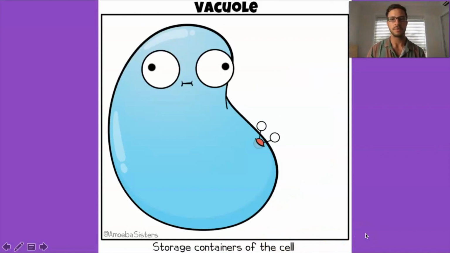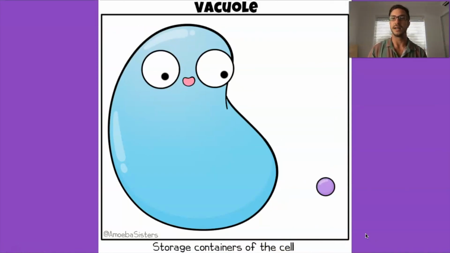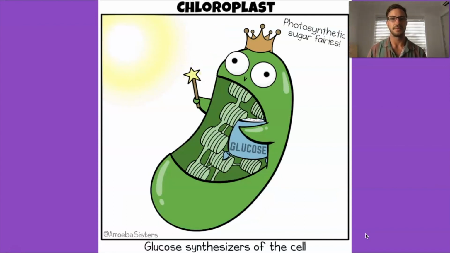The vacuole is the storage compartment, large in plants for sap and water. We do have vacuoles in humans as well, just smaller. And lastly, we have the chloroplasts, which are only in plants. They produce glucose, turning sunlight into energy.